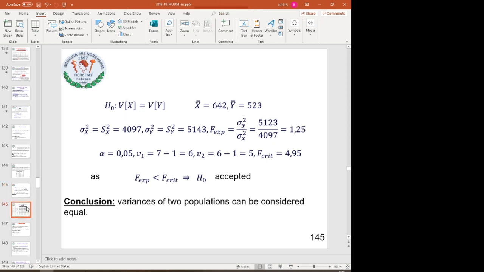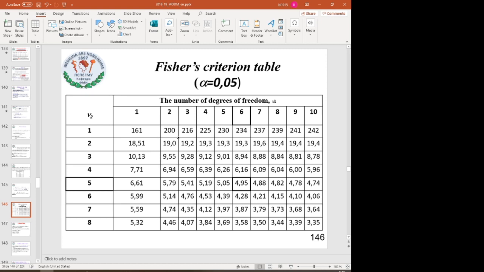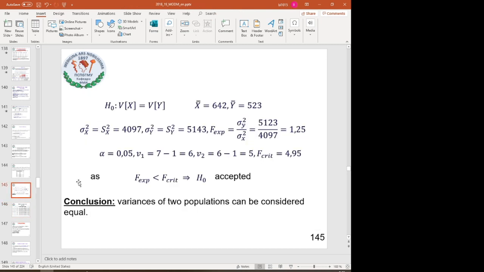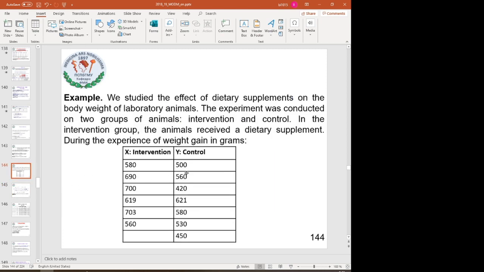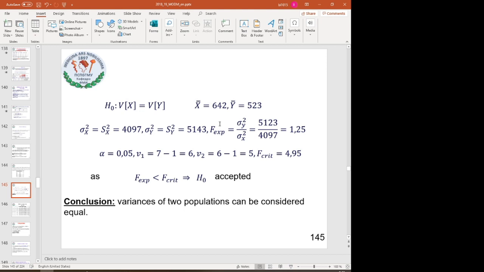Let us go back to the table. The bigger variance has the intervention group, so it will be found by column. The number of degrees of freedom is 6, so let me check again. It's vice versa.